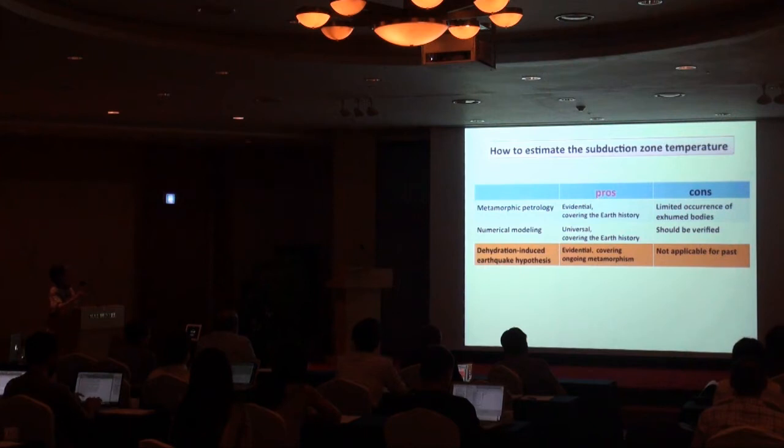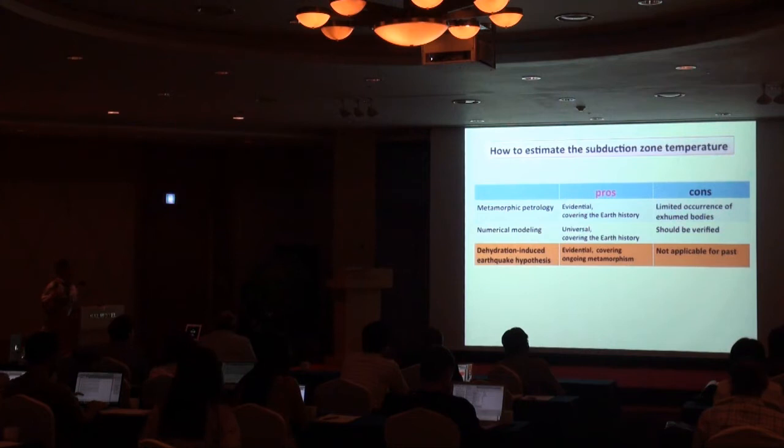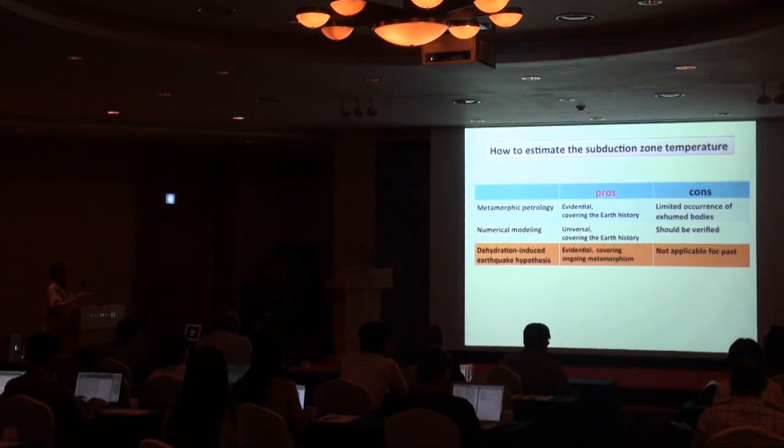Each method has plus and minus features for estimating the temperature. Metamorphic petrology is evidential and covers the Earth's history. We can estimate the temperature of former subduction zones, but the occurrence of exhumed metamorphic bodies is limited, which is a negative for this aim.